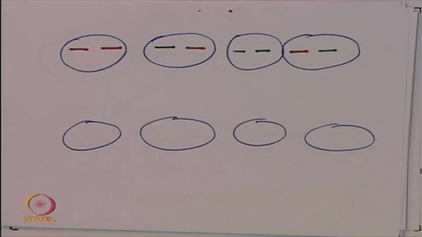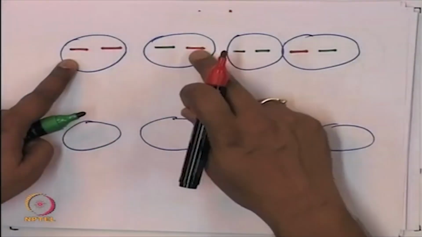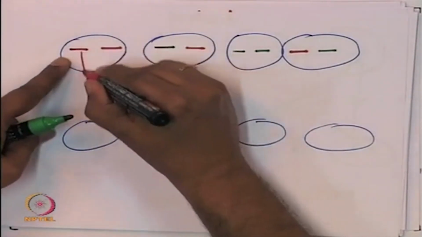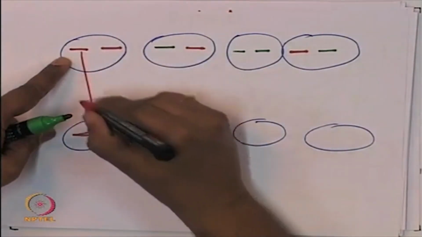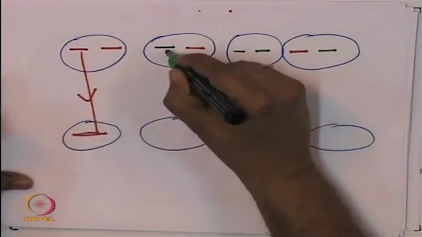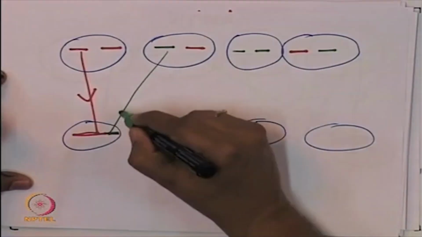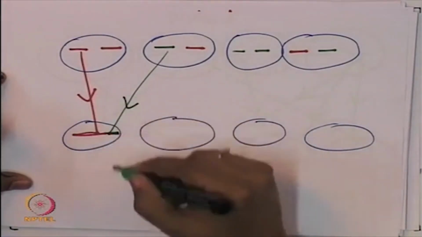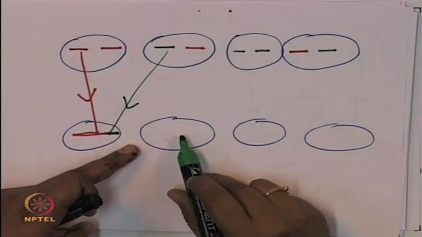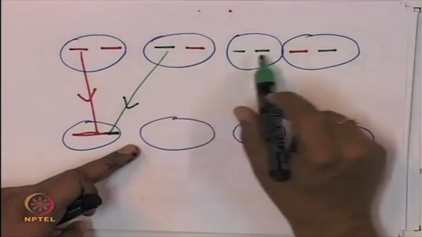Imagine that this and this mate, and this gives its red and this gives its green. So the green comes here. This individual will have a red chromosome and a green chromosome. Let us say this is the product of random mating of this and this.